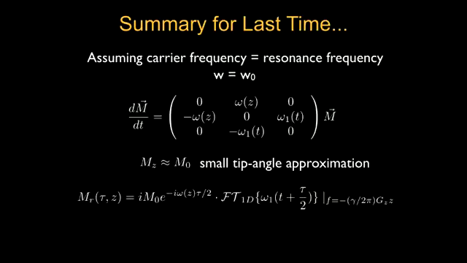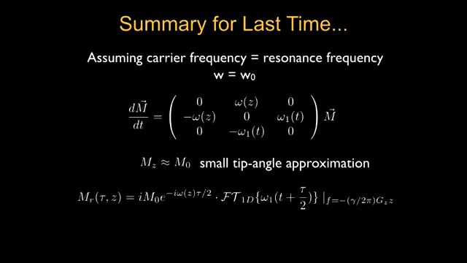This solution is a Fourier transform relationship. For a given gradient and B1, you shift the B1 field, or the RF waveform, to be centered by half its duration, and then apply the Fourier transform, and everything else is your slice profile.